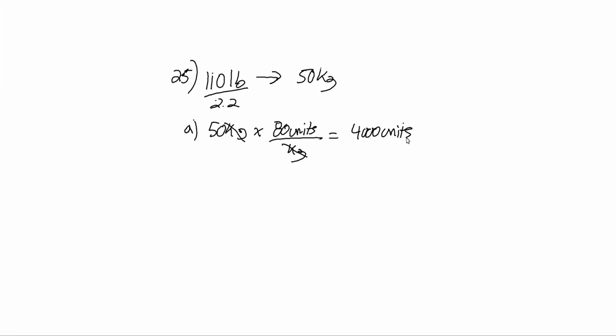Bolus dosage strength, 1,000 units per milliliter. That's the information you need in order to answer the question. So we're going to do another conversion where we get rid of units to convert to milliliters, and you will have the answer of 4 milliliters.